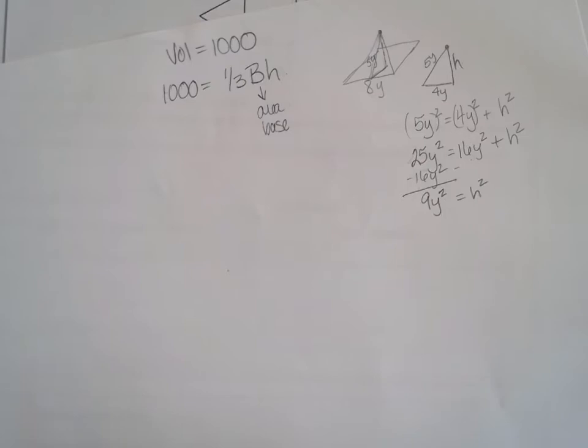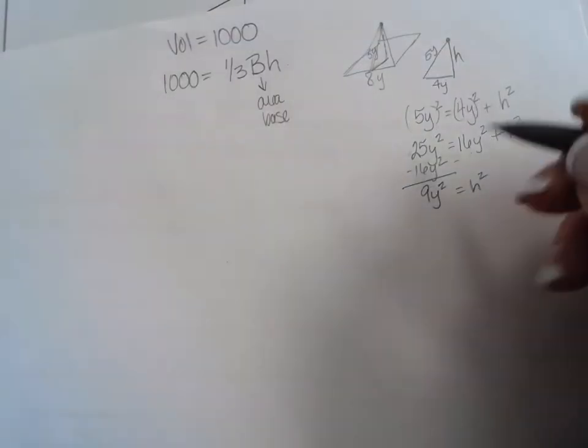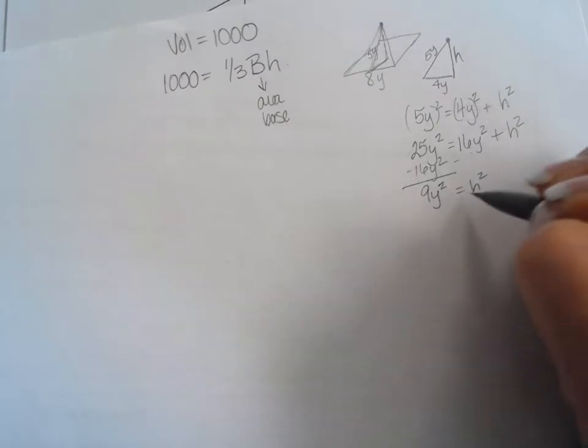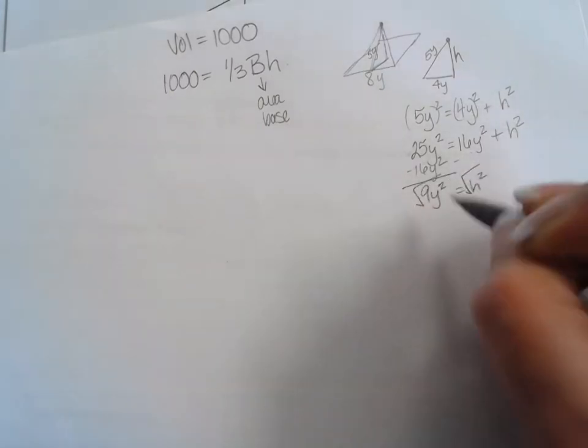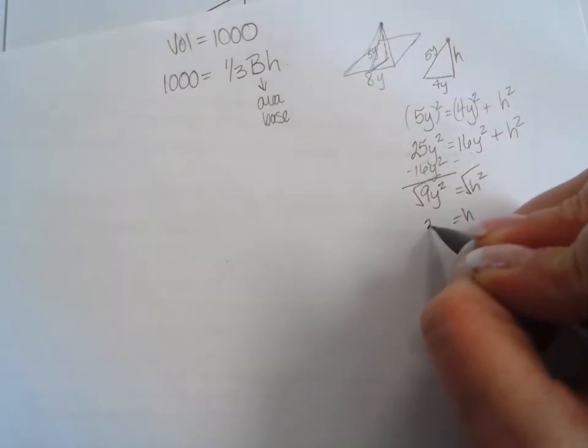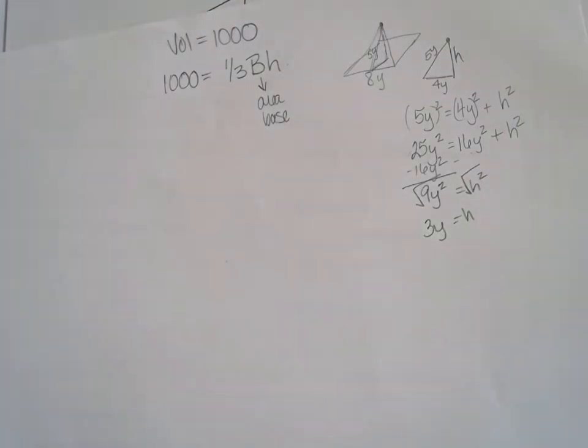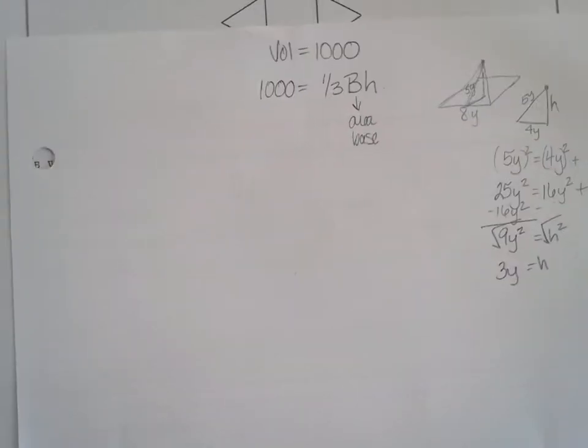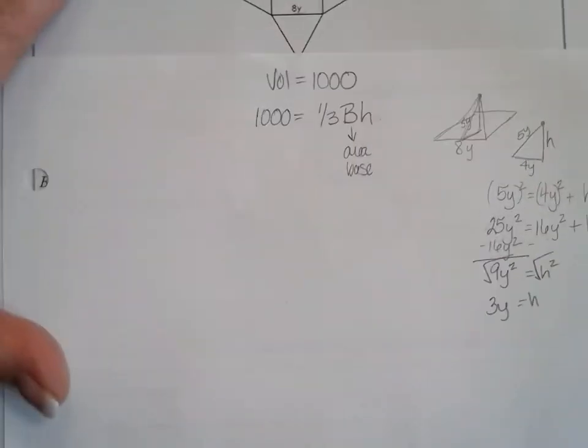Oops, sorry. How do you undo the square? With my square root, and so my height is going to be 3y. Do we agree with that? Okay? All right, so let's plug and chug what we know.